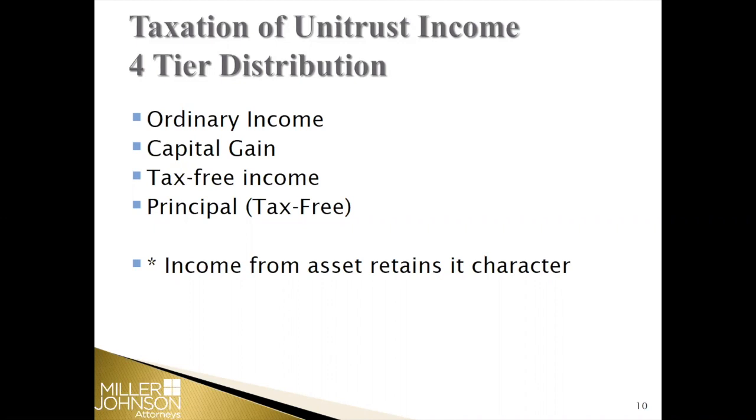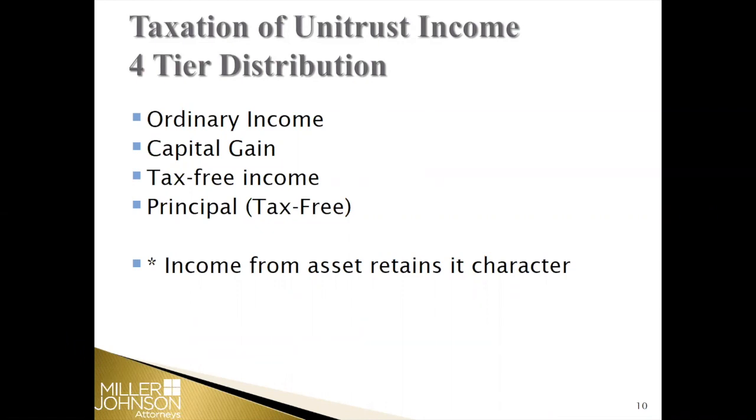First, you're going to be taxed at ordinary income, capital gain, then tax-free income, and then tax-free return of principal. As many of you probably are aware, the ordinary income rate is the highest rate, and then they work down. So the service is going to tax at the highest rate first and then work your way down.